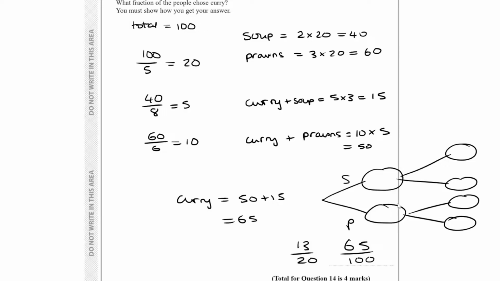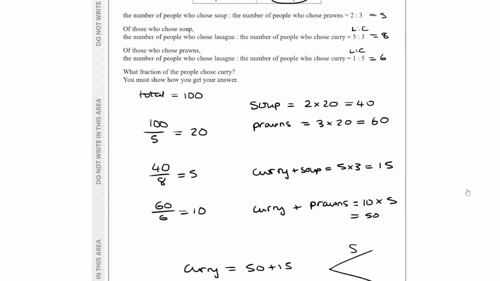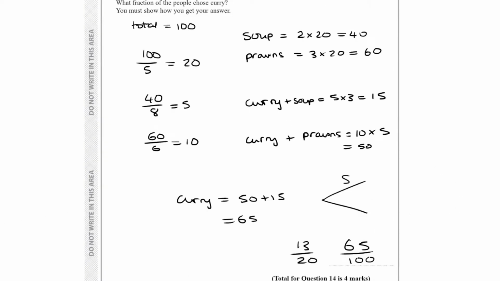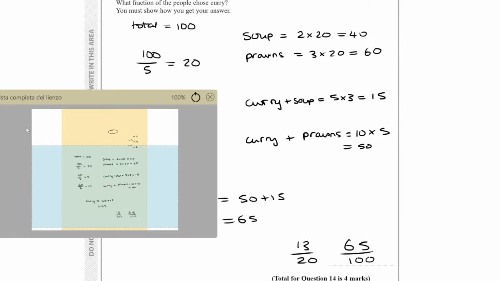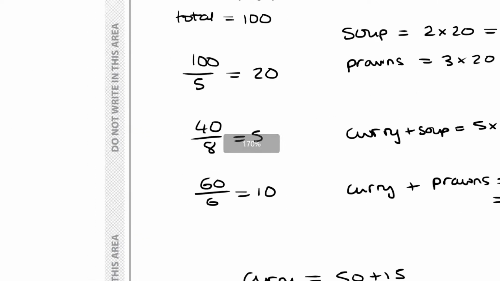A probability tree? Well, you could do a probability tree if you wanted, I guess. Yeah, you could lay it out like that if you wanted. I just hadn't thought to do that.